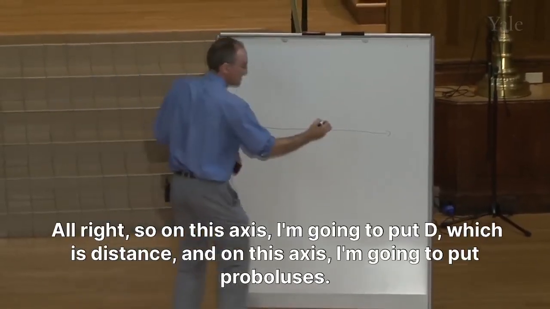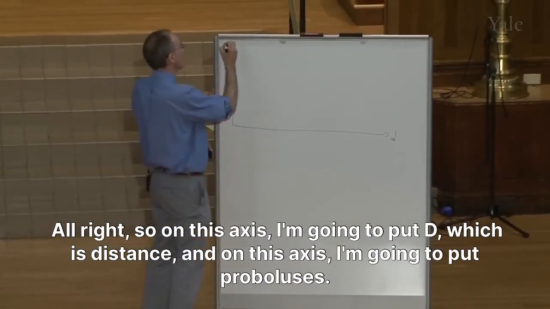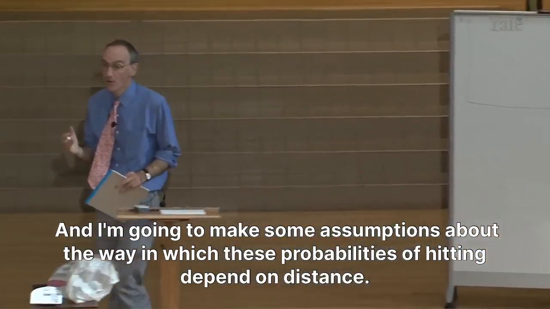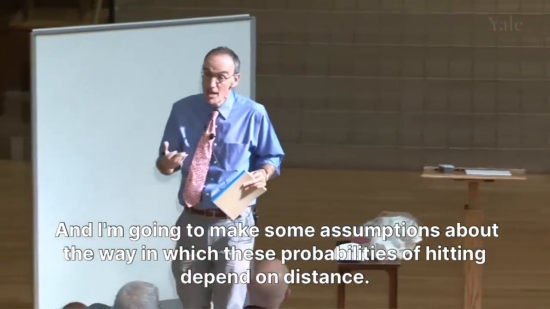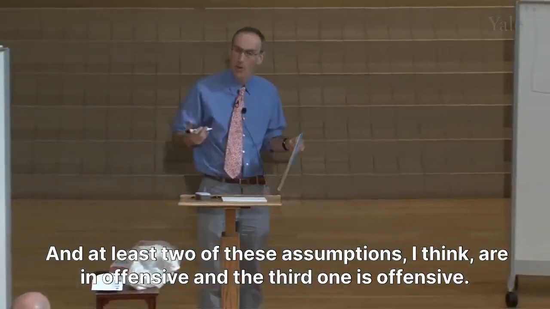All right, so on this axis, I'm going to put D, which is distance, and on this axis, I'm going to put probabilities, and I'm going to make some assumptions about the way in which these probabilities of hitting depend on distance. At least two of these assumptions I think are inoffensive, and the third one is offensive.